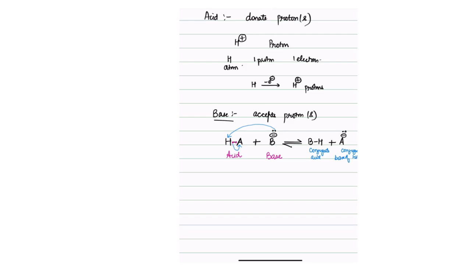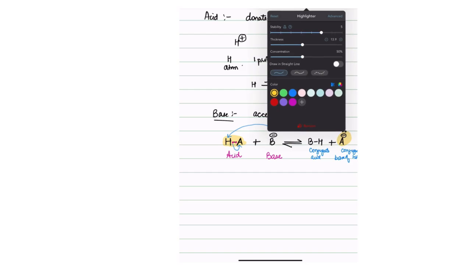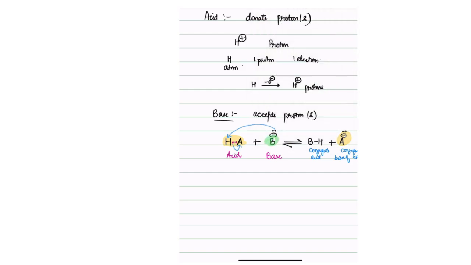Conjugate acids and bases always exist in pairs. This is the acid, and this is its conjugate base. On similar lines, this is the base and this is its conjugate acid. They always exist in pairs and they always differ by one H positive ion.